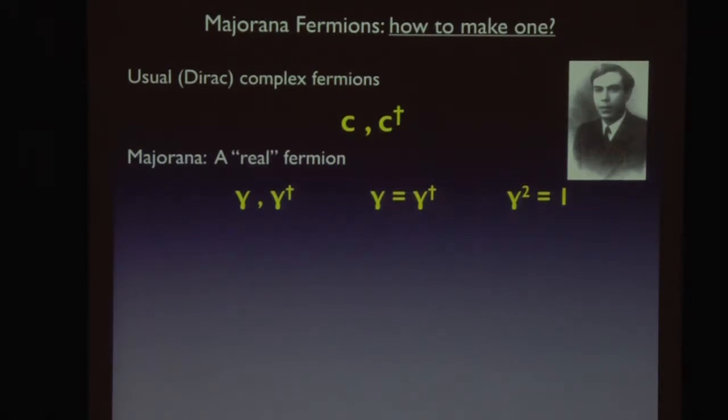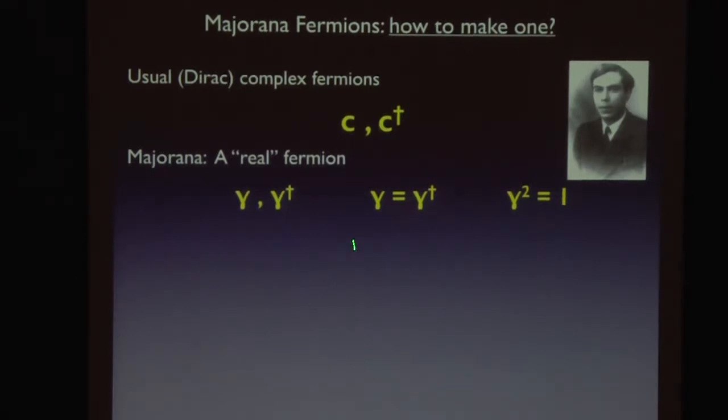So let's look at what we need to do this, and this has been the excitement over the past few years. Now the trouble is, when you start with a solid, what you're dealing with is mostly complex fermions. We are just given electrons or holes, which are antiparticles of electrons. How do you start with this and make yourself a Majorana fermion?